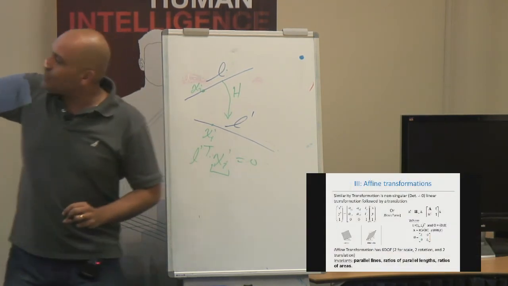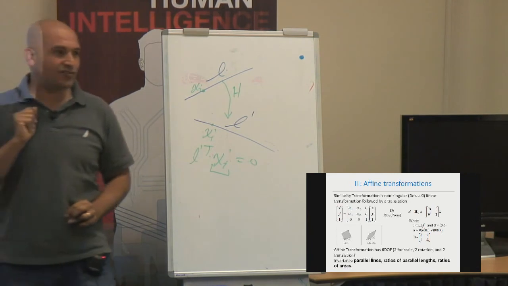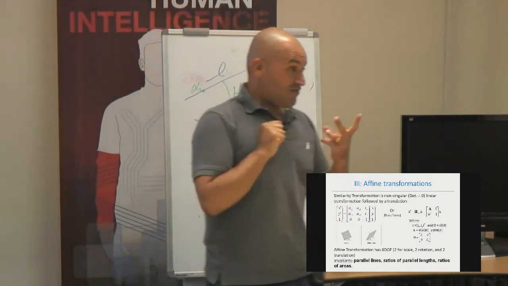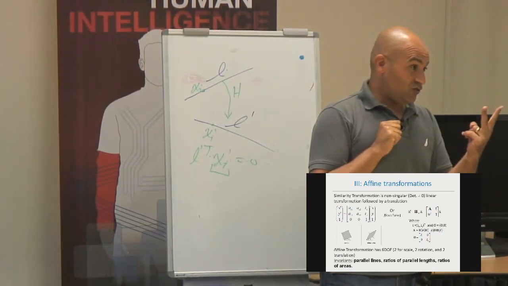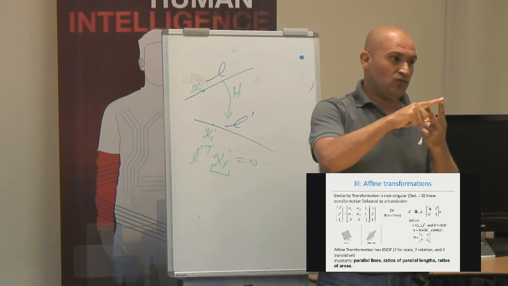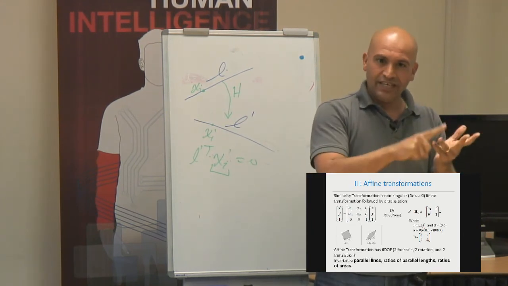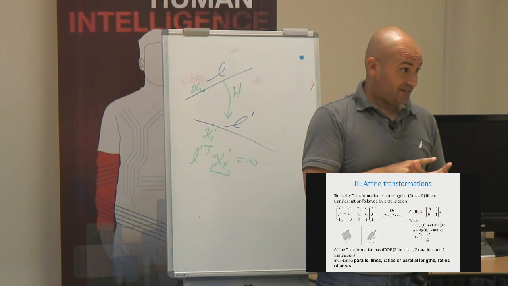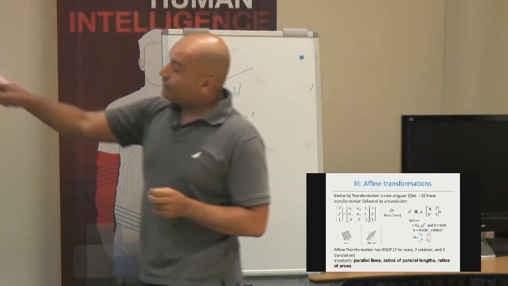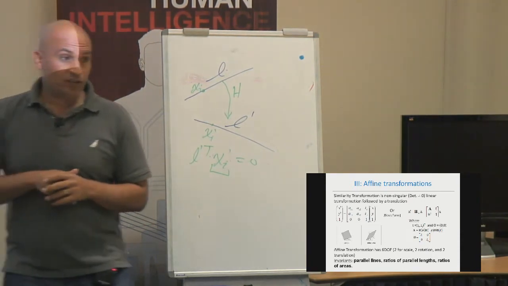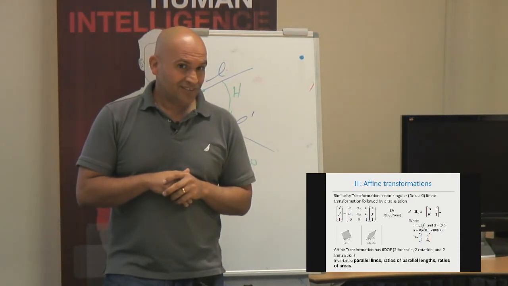This will enable us to get this kind of deformation. So we have not one rotation angle, we have 2, and exactly it's 6 because we have 2 for rotation, 2 for scale, and 2 for translate. Because one angle will not give us the ability to do this kind of deformation.